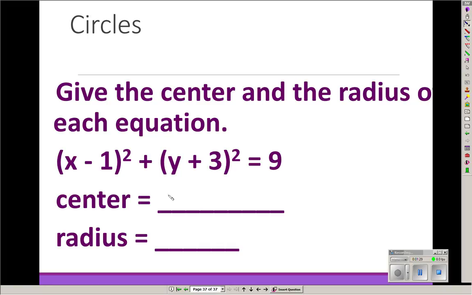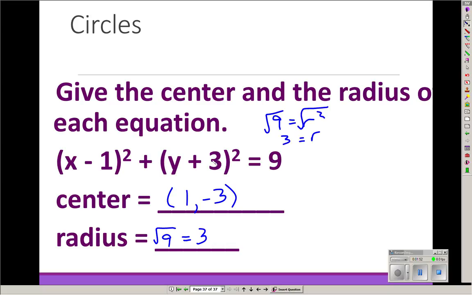Well, the center will be the opposite of negative 1, which is positive 1, and the opposite of 3, which is negative 3, and the radius will be the square root of 9, which is 3. Remember, 9 is r squared, so you'll square root each of those to get what r is. Take the opposite signs for h and k and square root this side to get the radius.